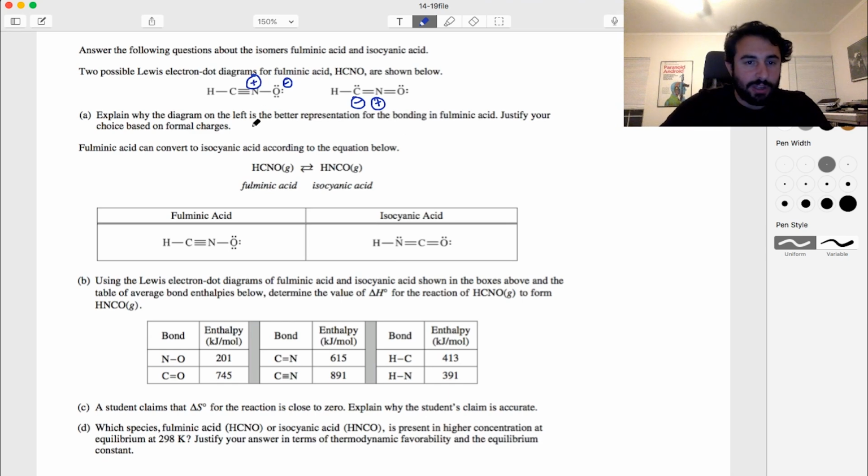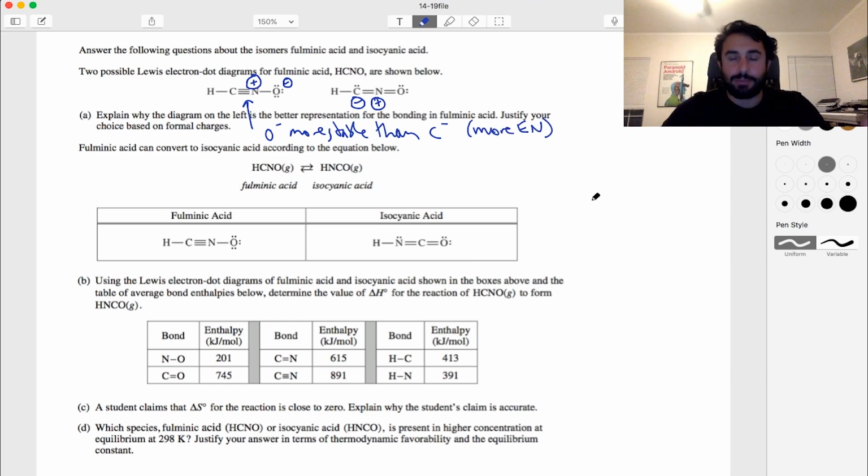And so this one, yeah, because O minus is more stable than C minus, more electronegative. So a more electronegative atom is better able to accommodate a formal negative charge, and that is the reason here. Now, fulminic acid can convert to isocyanic acid this way, and so it's a bit of a rearrangement here.